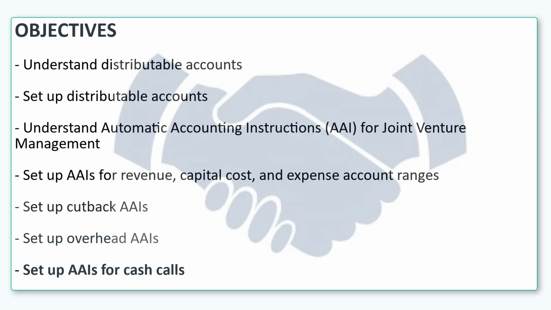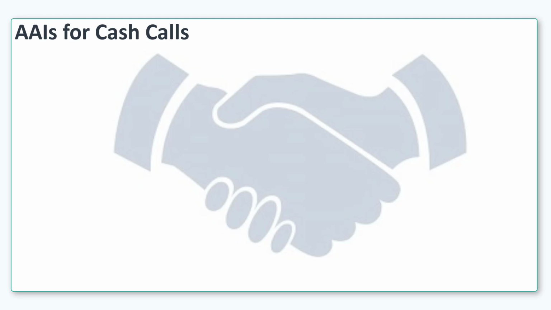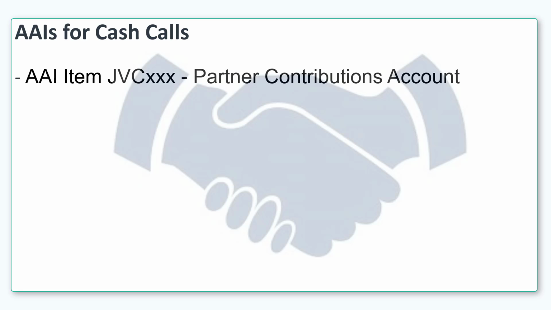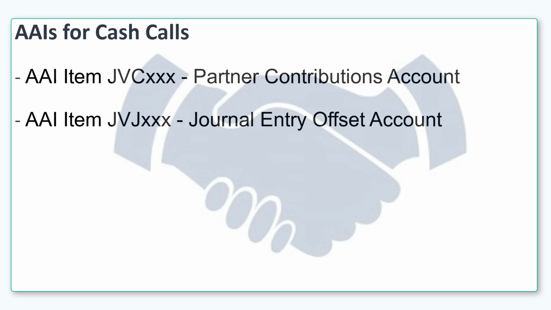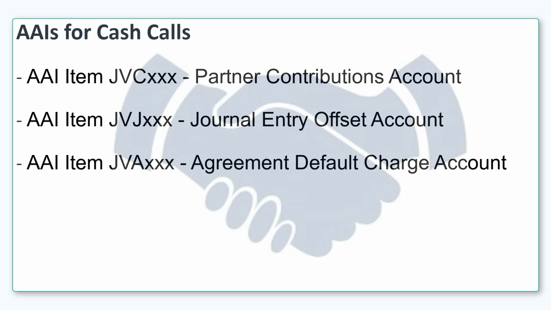You must also set up the AAIs for processing cash calls if you are using cash calls to manage the cash flow for the expenses associated with your joint venture. There are three AAIs for cash calls, namely the JVCXXX for partner contributions, the JVJXXX for journal entry offset, and the JVAXXX for the agreement default charge.